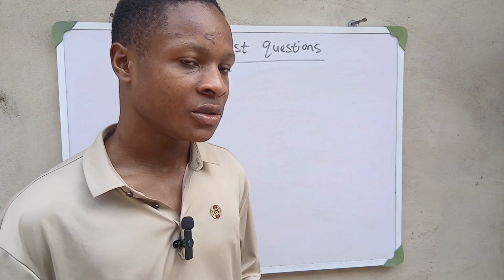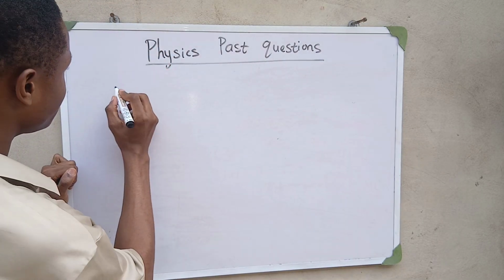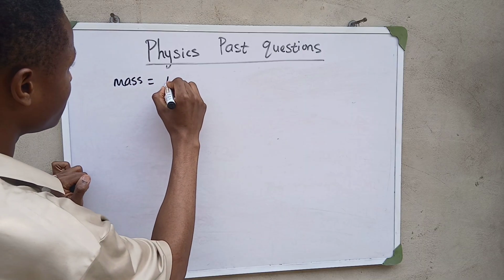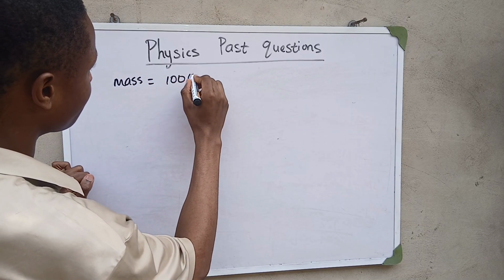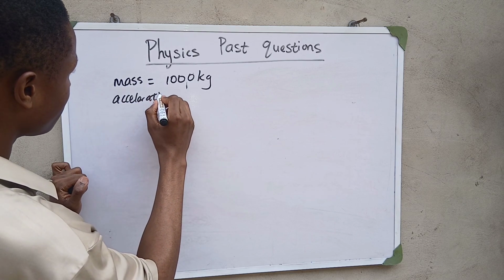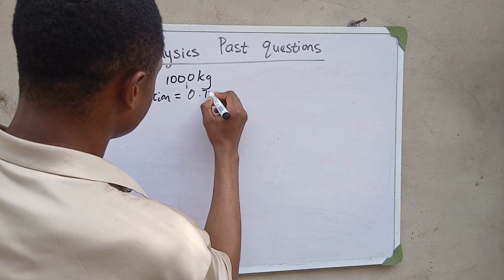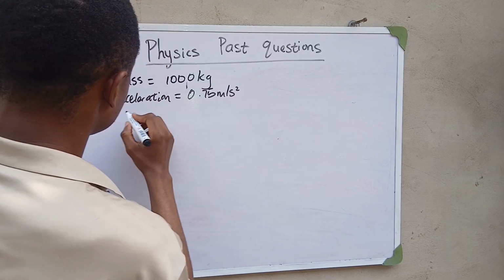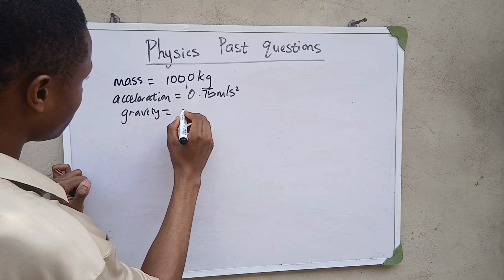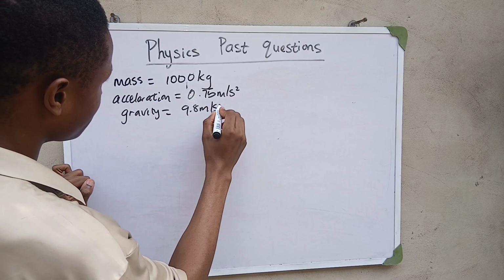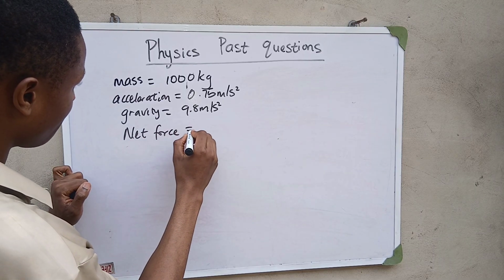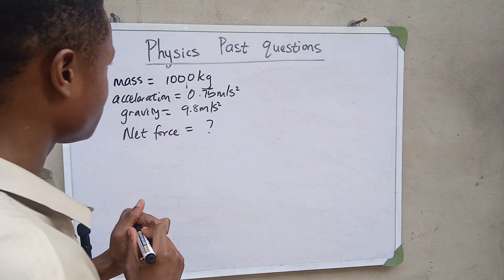So first, the mass of the car is 1000 kilograms, the acceleration is 0.75 meters per second squared, and the acceleration due to gravity is 9.8 meters per second squared, and we are meant to find the net force.